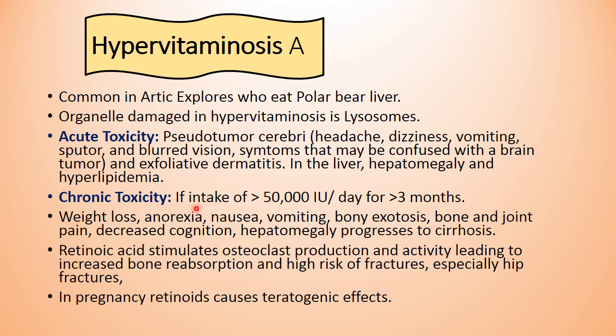Chronic toxicity occurs if intake is more than 50,000 IU per day for 3 months. It causes weight loss, anorexia, nausea, vomiting, bony exostosis, bone and joint pain, decreased cognition, hepatomegaly, progressing to cirrhosis.